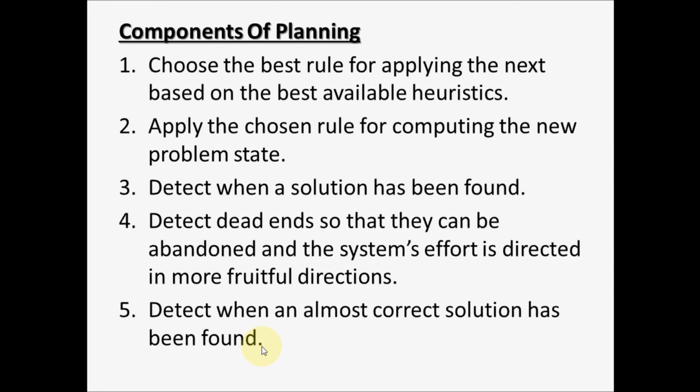And the fifth component: detect when an almost correct solution has been found. The difference between a solution and an almost correct solution is that a solution may not be the ideal one, but yes, it's a solution. An almost correct solution is one which will not give you the answer, but you miss by some points, or you miss at a very close distance.